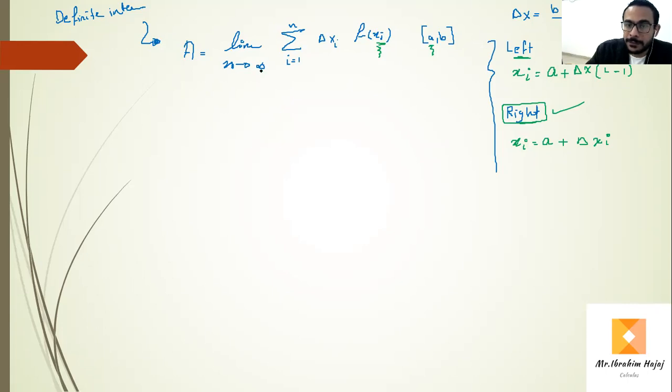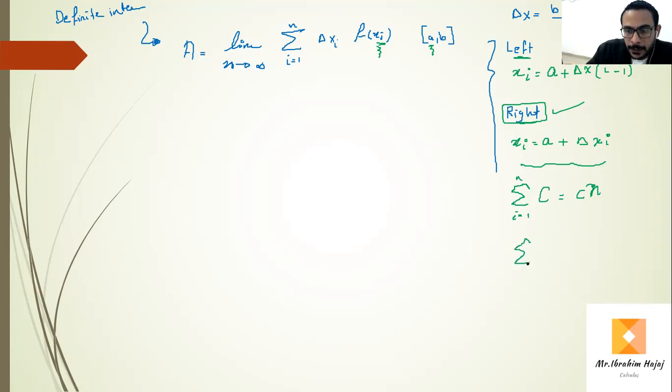And n approaches infinity. We should also know some other rules that we use, like the summation when i is 1 to n of any constant c is equal to c times n.